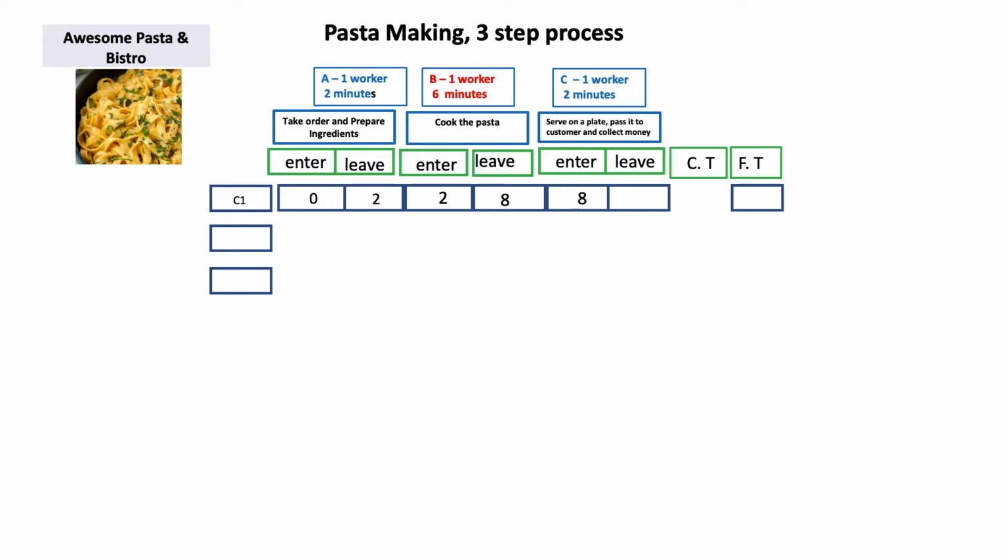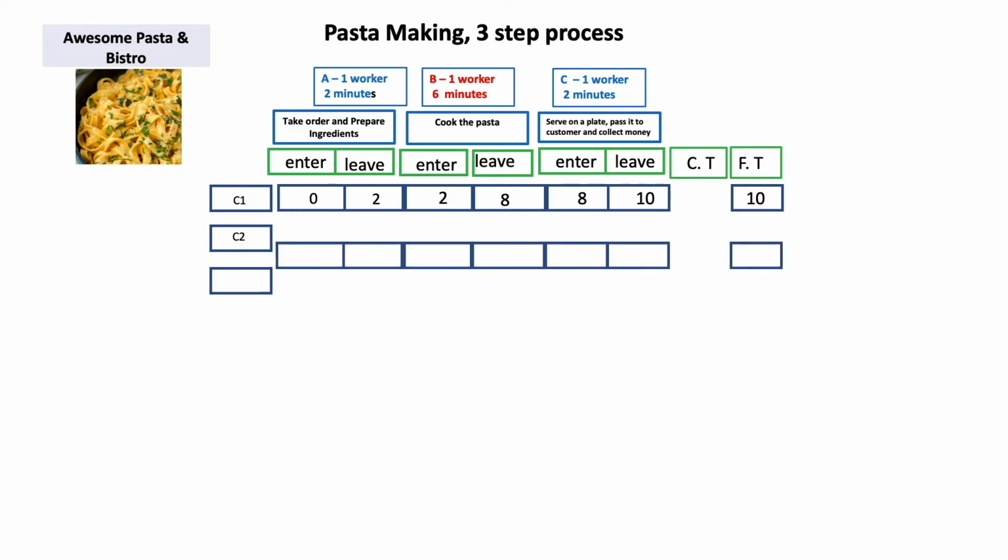It then goes on to process step C, enters at time equals 8 minutes and leaves at 10 minutes because it's only 2 minutes at process step C. So customer 1 gets his pasta at time equals 10 minutes. So he basically spent 10 minutes waiting to get his food.